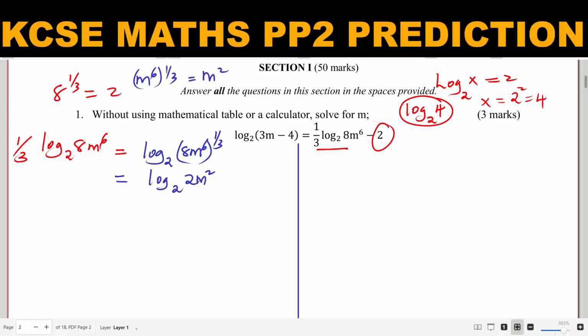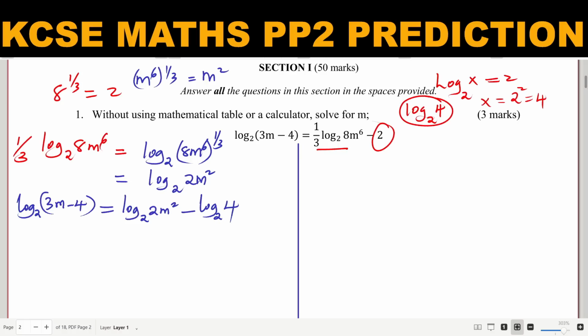Once you've done that, now we can write our equation. On the left hand side we have logarithm of 3m minus 4 is equal to logarithm of 2m squared, we have already simplified this one, then minus 2, which we have written in terms of logarithm to be logarithm of 4.